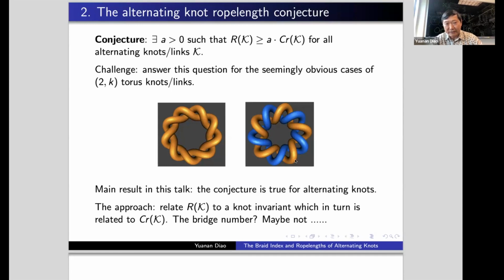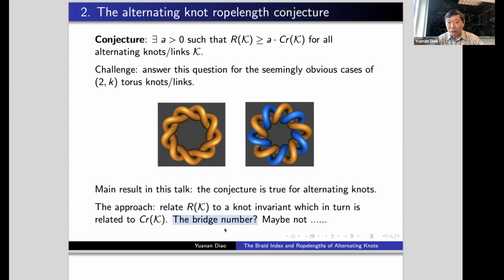You need an invariant to serve as the bridge. Well, maybe the bridge number would be something that comes to mind. The bridge number was used before. Remember, the bridge number is that if you look at your knot from any direction in space, it has to have that many maxima.